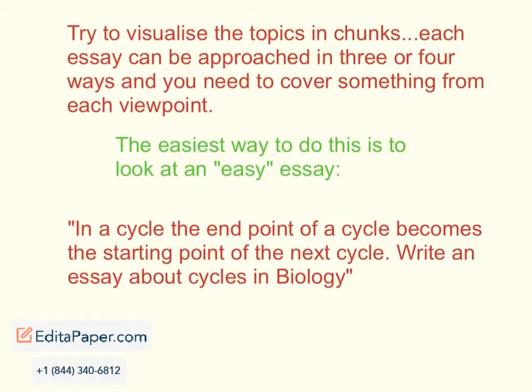If you think about cycles in biology and you had to try and think about different ways that you could approach an essay on cycles, what you will notice is that there are obviously going to be the big environmental cycles. So straight away you're thinking the carbon cycle, the nitrogen cycle, those ones should be really, really obvious. And you can see that they're very similar to each other.